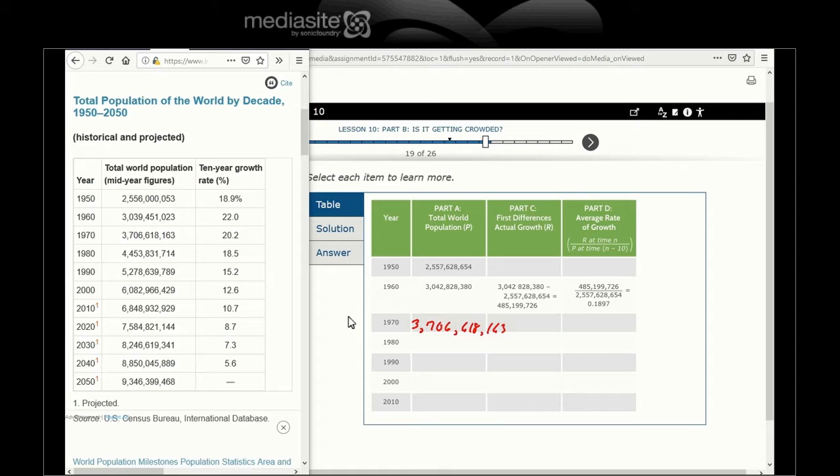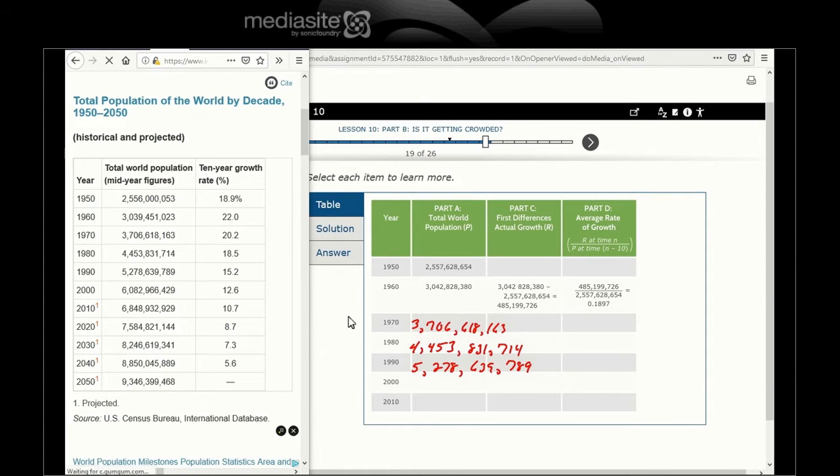Wow. 1980 was 4,453,831,714. It's going up. 1990, 5,278,639,789.